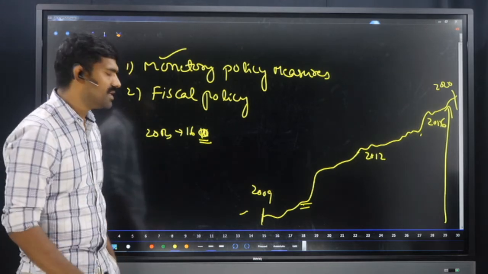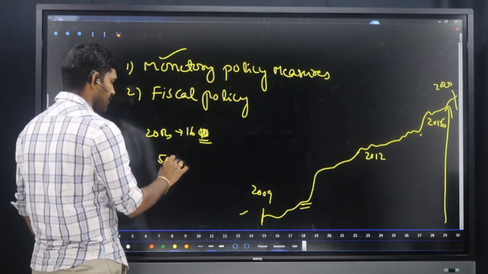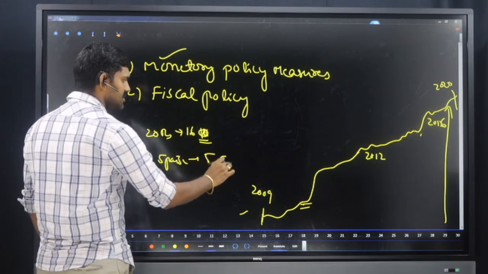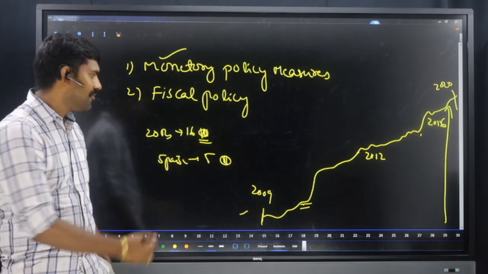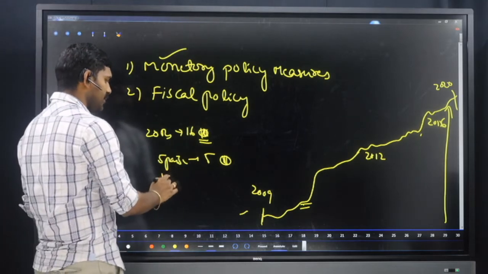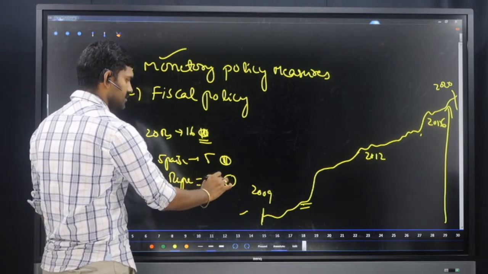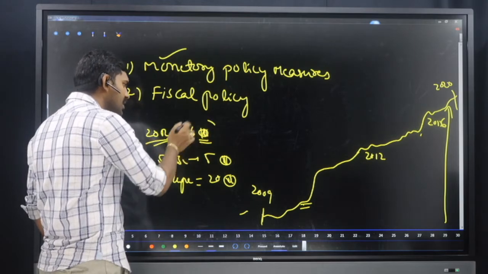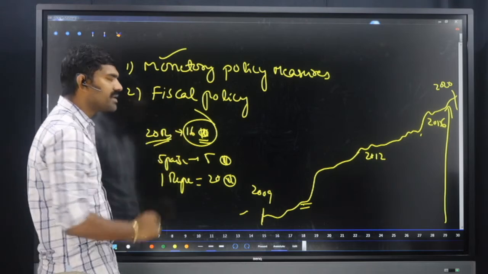But when I was a kid, I gave him 5 paise and he used to give me 5 peppermints. 5 paise, 5 peppermints, 1 rupee, 20. But now I'm spending 20 rupees, and I'm not even getting 20.